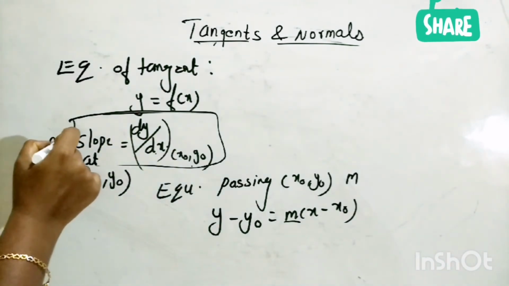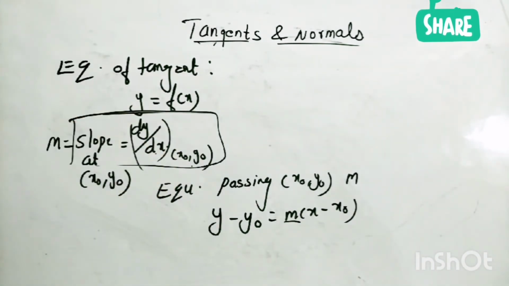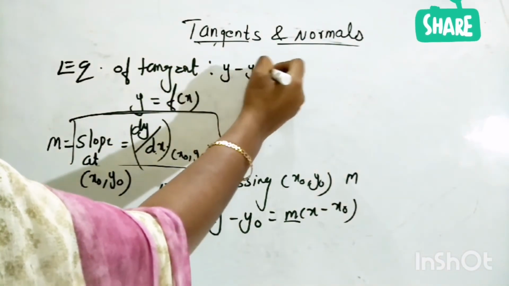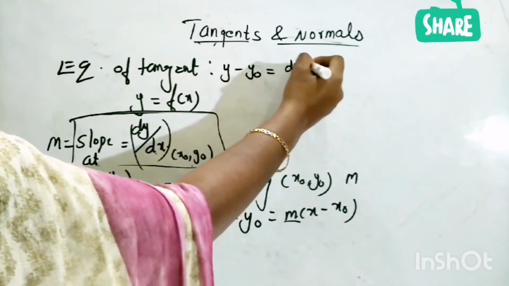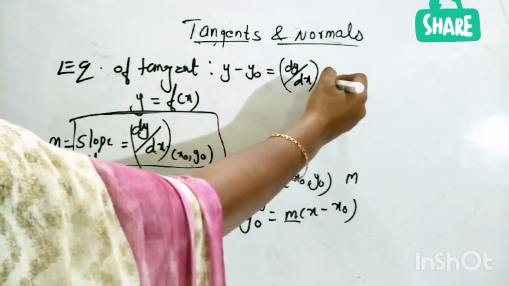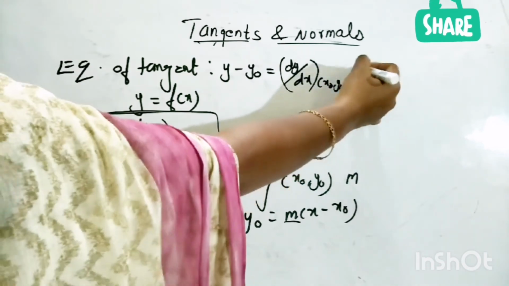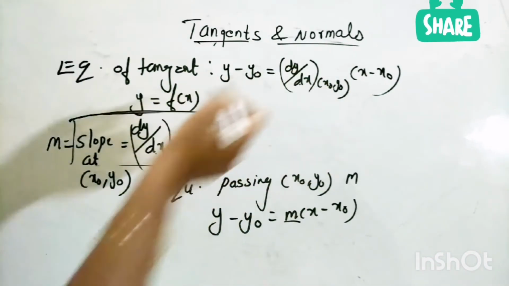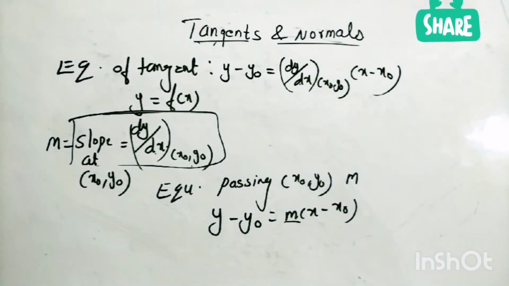So the equation of the tangent which passes through the point x naught comma y naught is y minus y naught is equal to dy by dx at x naught comma y naught into x minus x naught.